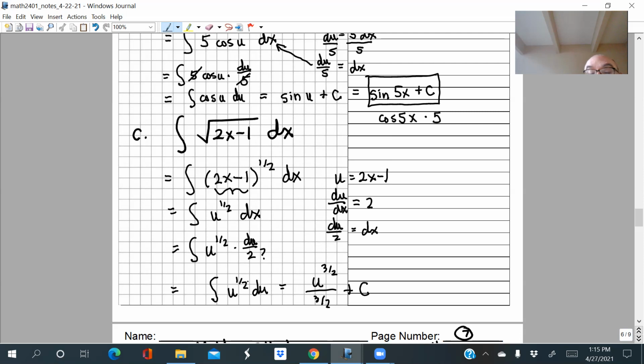So we know our answer is going to look something like this. And then we just have to undo this substitution. So we have to plug back in the 2x minus 1 for the u. The only question we have to answer here is, what happens to this 2? How do I deal with that so that I can make this antiderivative like this? Well, you already mentioned, Lance, what the secret is, but we'll talk about that formally next time. But it's easy.